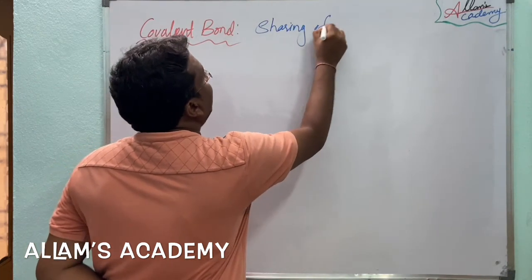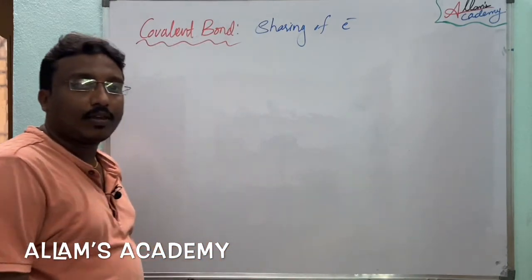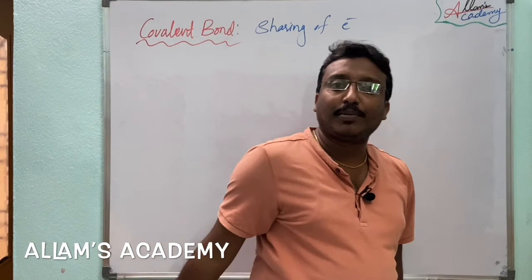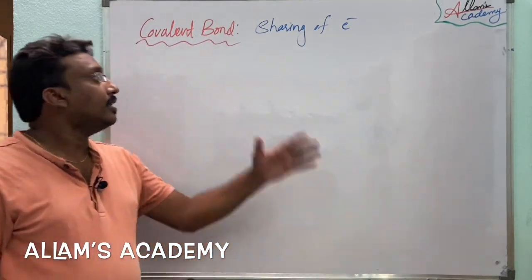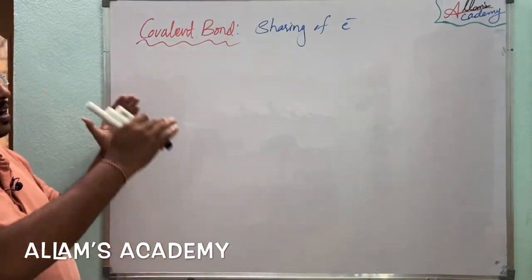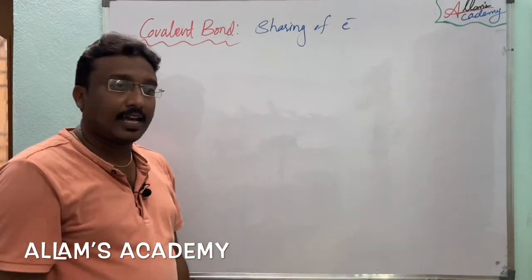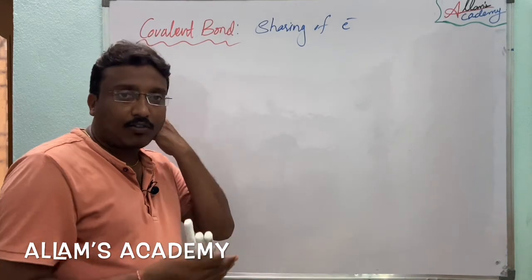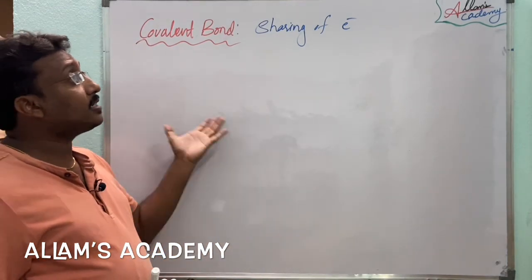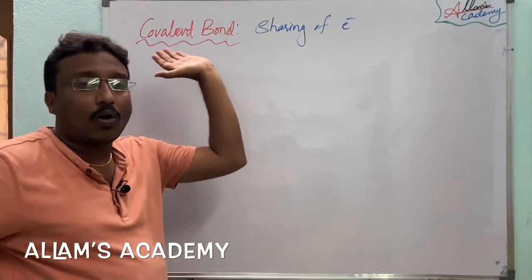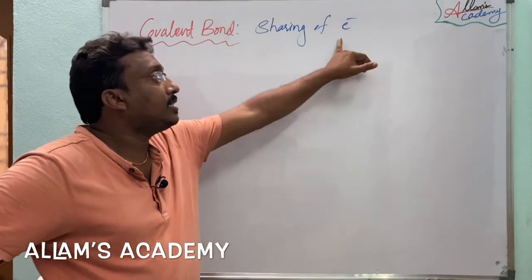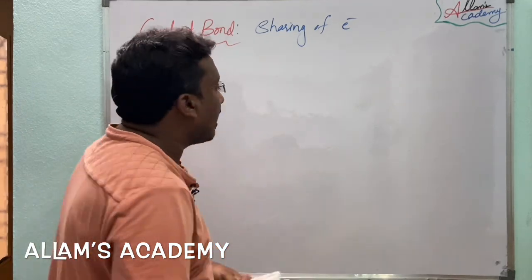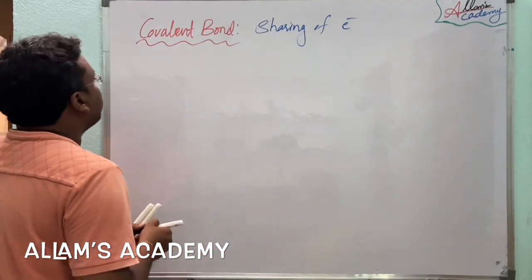Got it? In ionic bond, it is complete transfer, right? But in covalent bond, there should be sharing. The bond formation that takes place to get the octet configuration by sharing of electrons is called covalent bond.